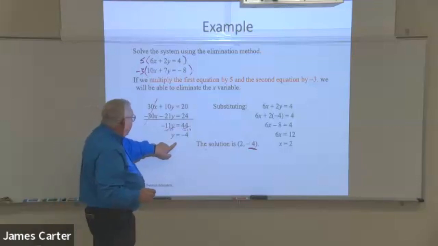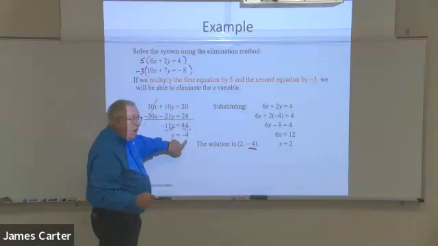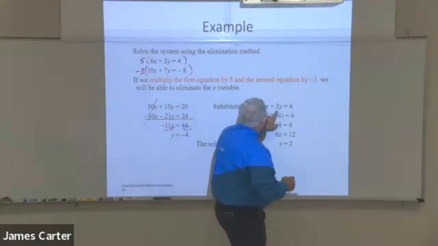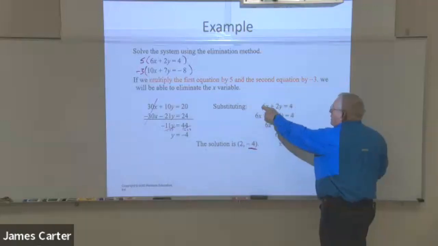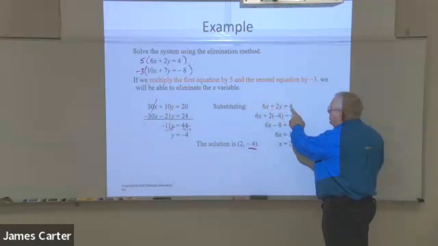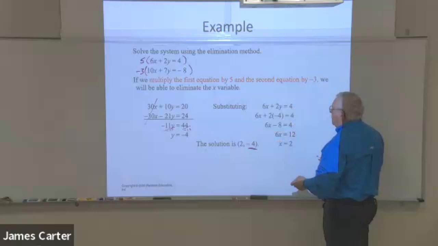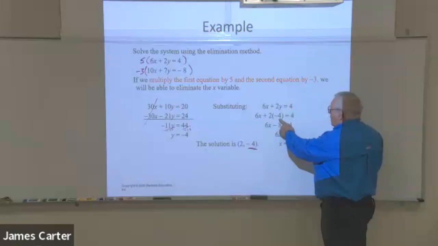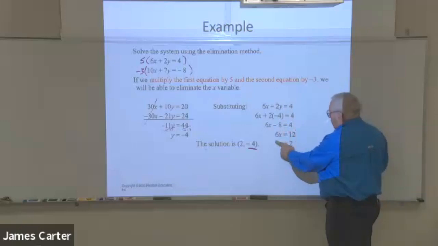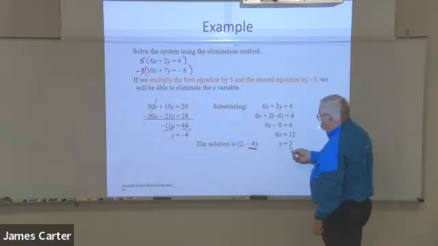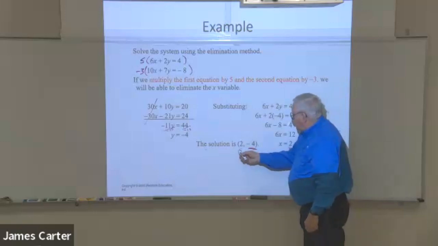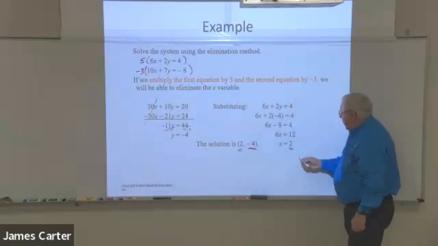Now let's find the x since we have the y. In this particular problem, we take either of the two equations, probably the simplest one, and I substitute the y value and solve for x. So here, then, this gives me my x value.